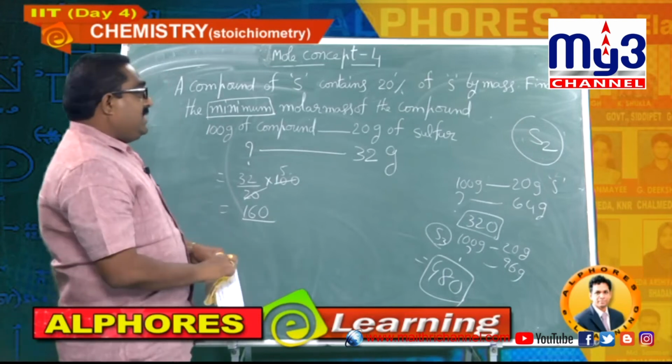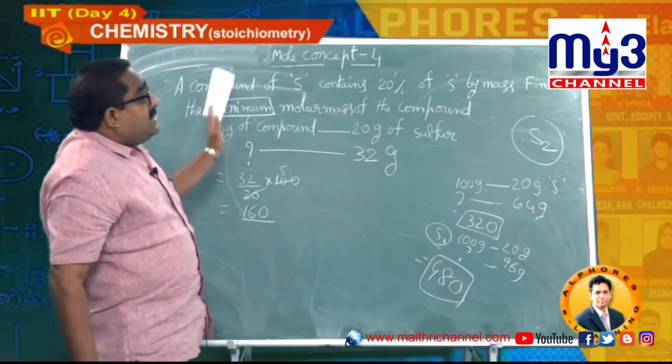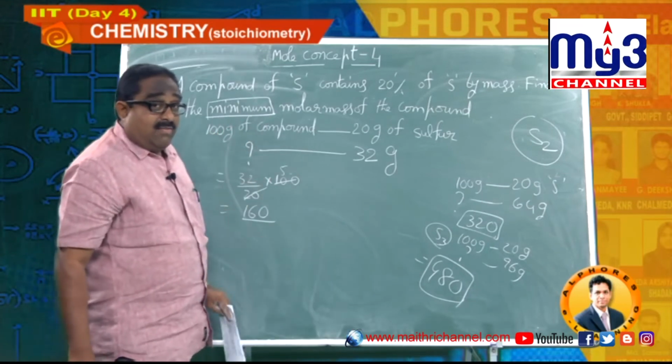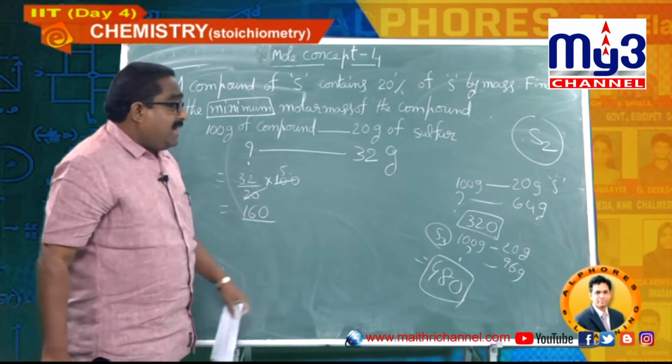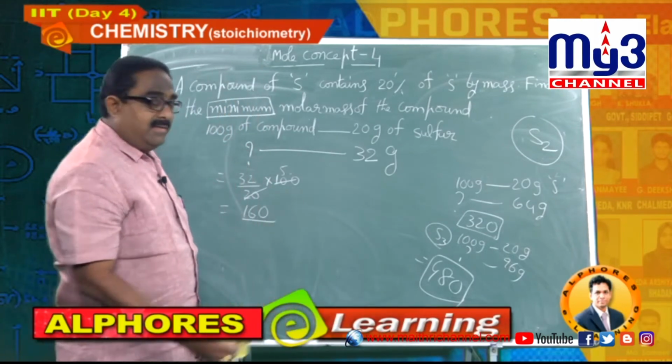So, see students, this is the solution for this question, and if the question is asked in a different way for more than one option question, minimum should not be there, then all these 3 will be the answers. Okay.